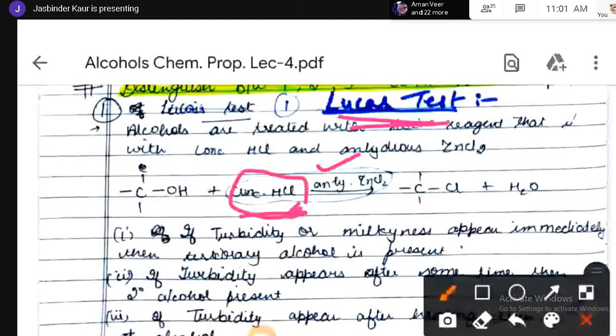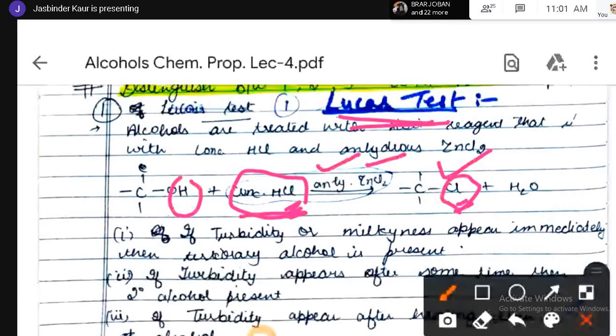Alcohol is treated with concentrated HCl in the presence of anhydrous zinc chloride, and haloalkanes are formed, that is, the OH group is replaced with halogen. Whether it is a primary alcohol, a secondary alcohol, or a tertiary alcohol, we get the same product, that is haloalkane, in all the alcohols.